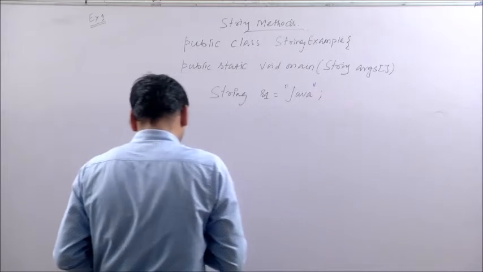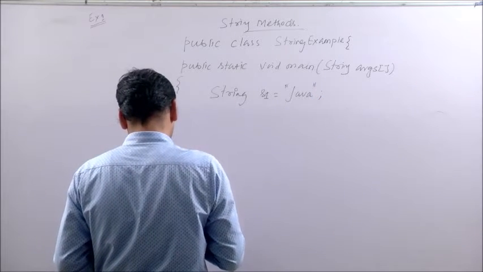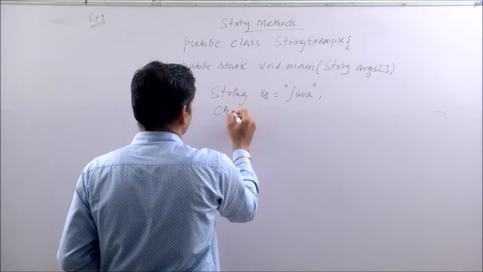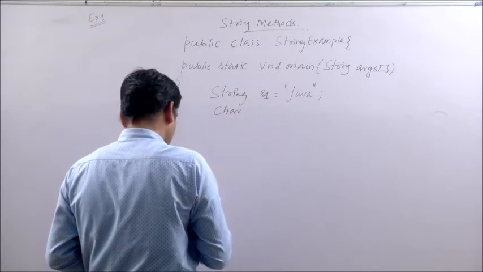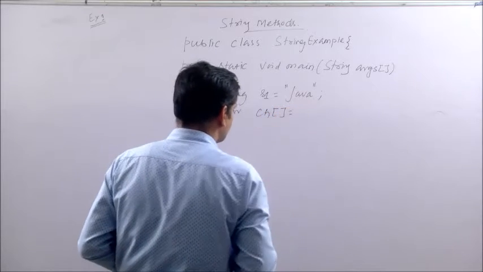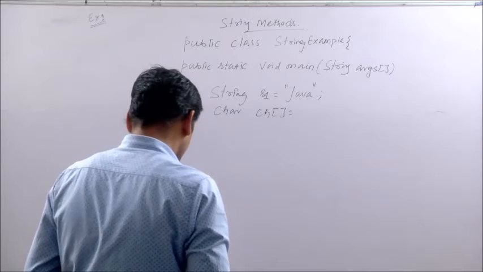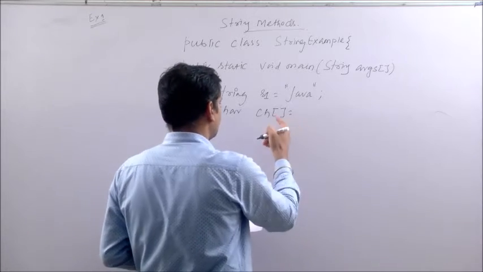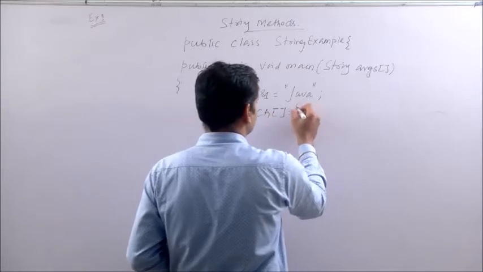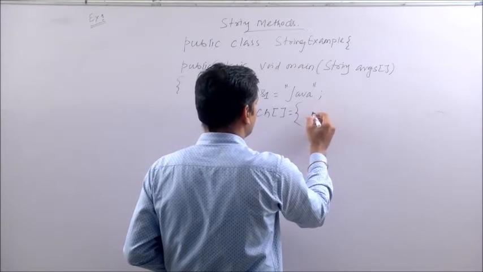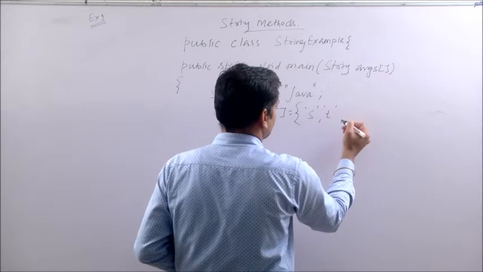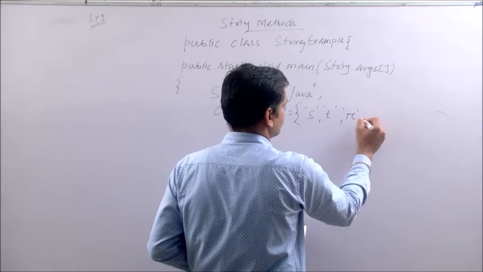Okay. We can also create strings by using the char data type, because as we know every string is a sequence of characters. So you can use an array of characters to represent a string, and in that case, because it is an array of characters, you have to specify each character within a pair of single quotes.